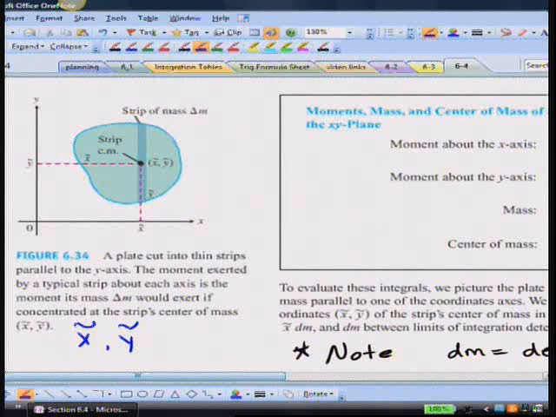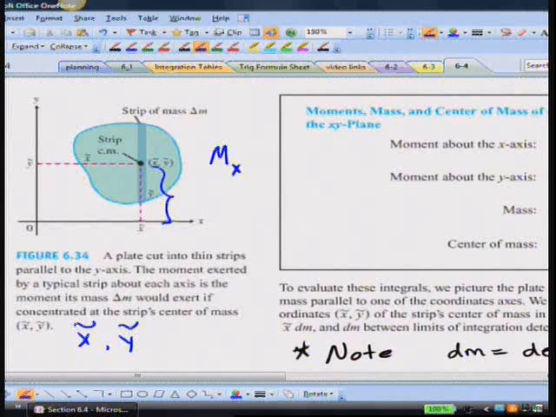When I was first learning this, it always kind of messed me up. It never made sense to me that the moment about the x-axis has a y in it. But remember, the moment is the distance you are from the center of the thing times the mass. The distance you are from the x-axis is going to be y tilde.